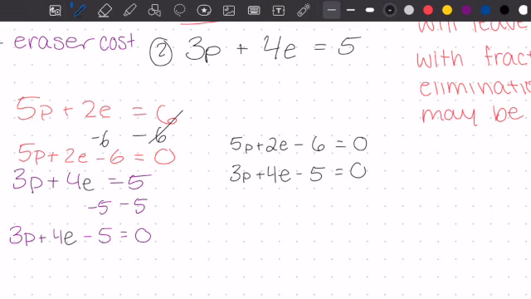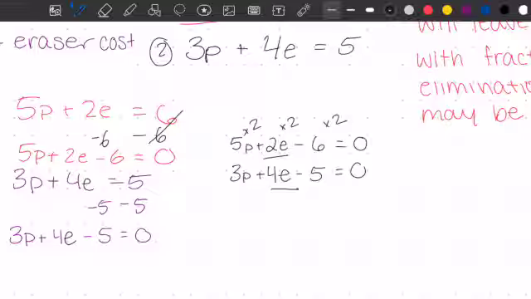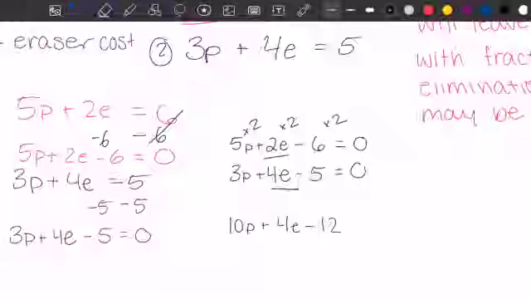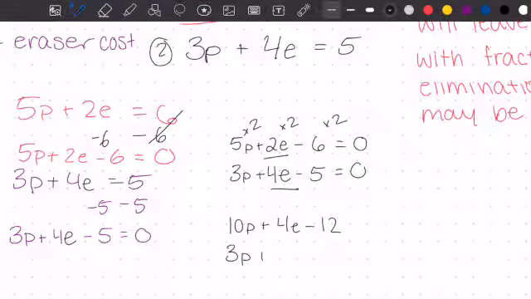I can't do addition or subtraction right away because none of these are the same number values. However, I see a 2 and I see a 4, so I know that I can easily multiply my first equation by 2 to get a common value. So that will be 10p plus 4e minus 12, and then 3p plus 4e minus 5.